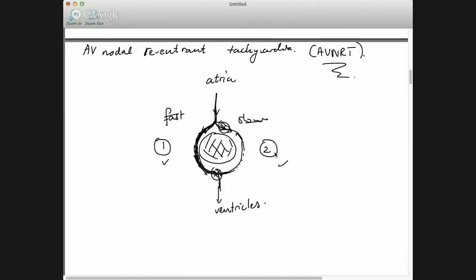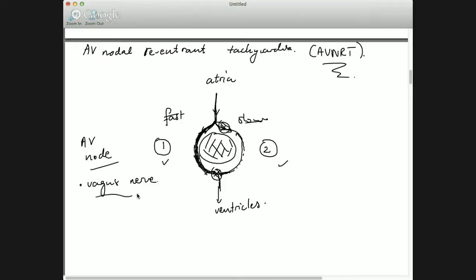Now, how do you stop this? Well, this is a rather convenient tissue for this reentry circuit to occur, because this is the atrioventricular node, which has impulses coming from your vagus nerve.